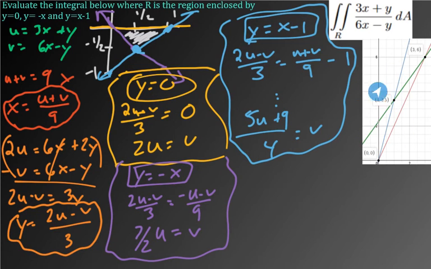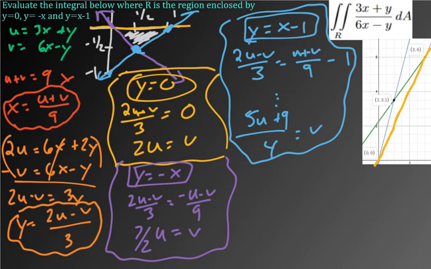And over here is actually those 3 lines graphed. You might have wondered what this was all about. Basically, for example, this 2u equals v is actually this red line right here.